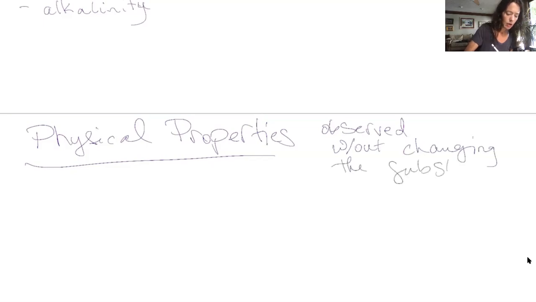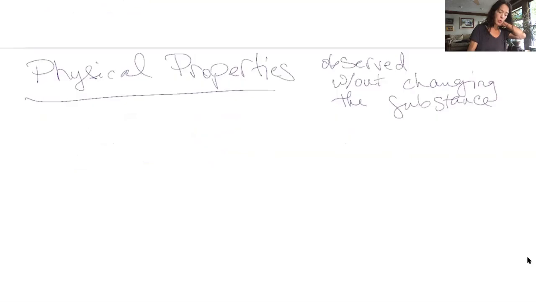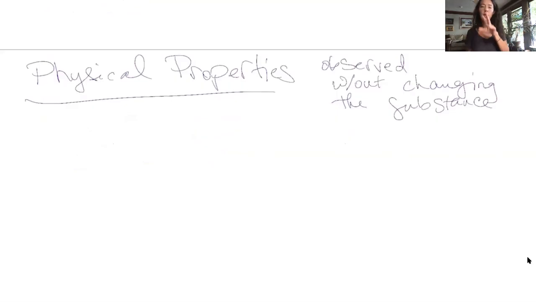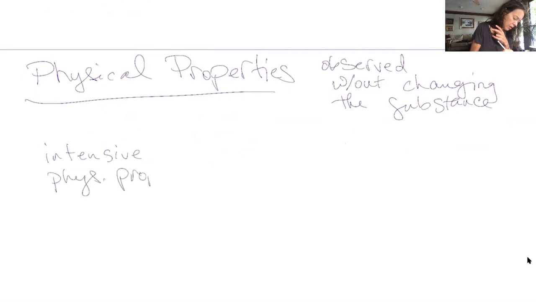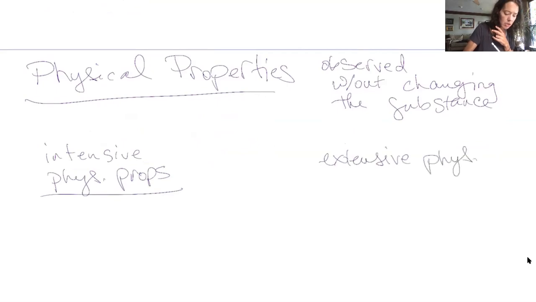All right. And what we need to do at this point is realize that there's 2 types of physical properties. We've got intensive physical properties. I'm gonna keep that there. And we've got extensive physical properties, and I need you to understand the difference between them, okay?